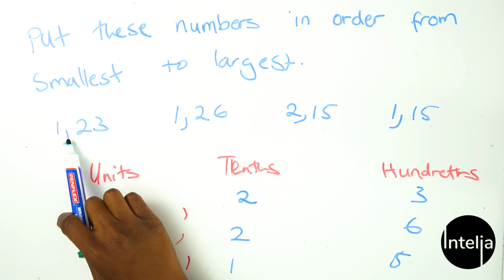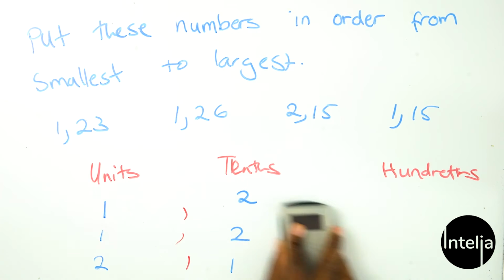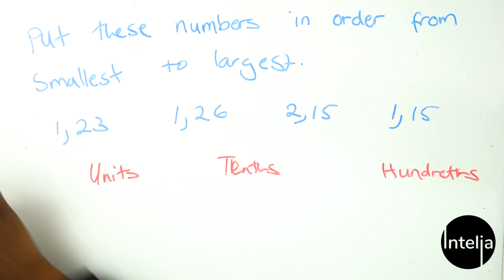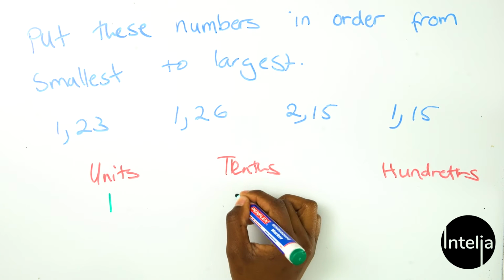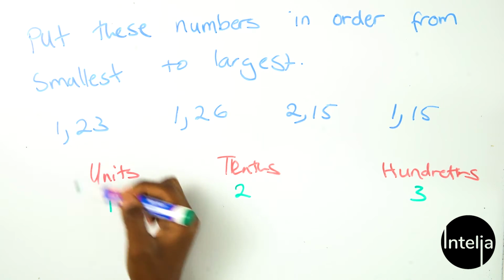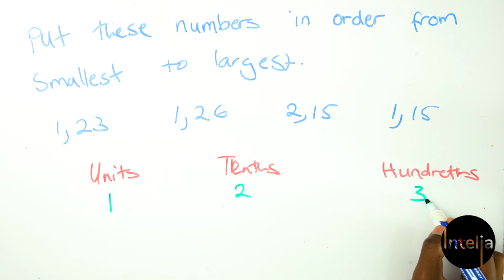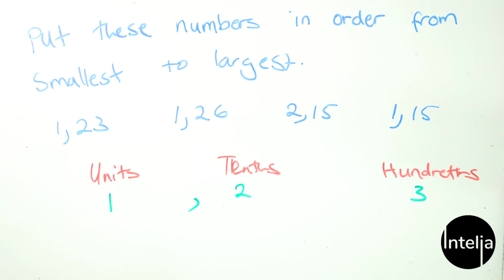So the first one is 1,23. Let's do this together. 1,23: the unit is 1, the tens is 2, the hundreds is 3, and then you put your comma here. The next one is 1,26.